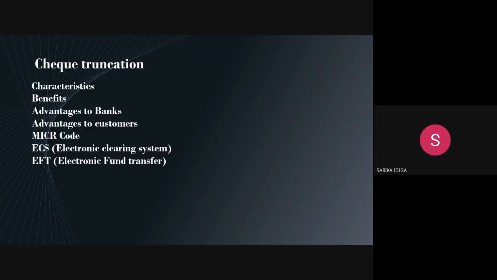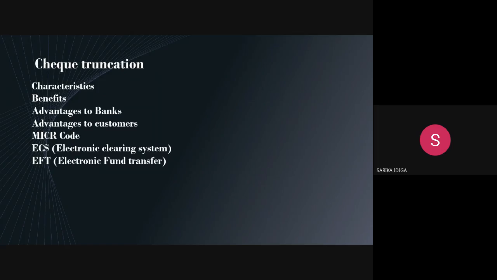That check also consists of MICR fields. Below that you will have fields or a code which represents the bank. In the next class I'll be using my laptop, so I'll be sharing the photos of those things with you. I'll just go through this and finish off the lecture.